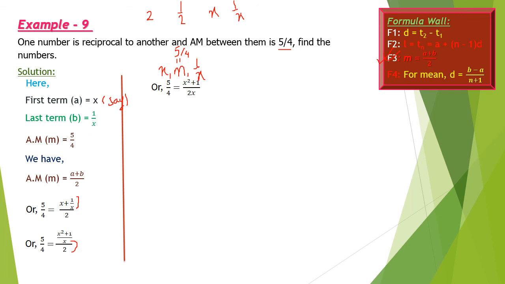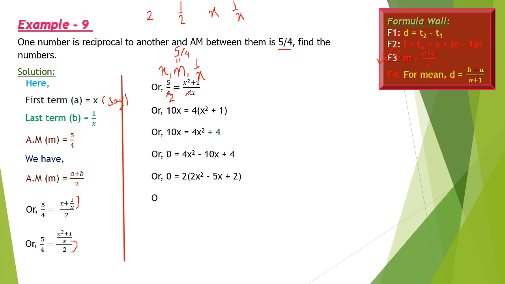You can cancel 2 and 4 right here also, or 10 equal to 4 times (x square plus 1), or 10x is equal to 4x square plus 4, or 0 is equal to 4x square minus 10x plus 4. Now we are going to take common. You can cancel here also, and you can make your simplification easy and quick. Or 0 equal to, now 2 is common, 2 times (2x square minus 5x plus 2), bracket close, or 0 is equal to 2x square minus 5x plus 2.